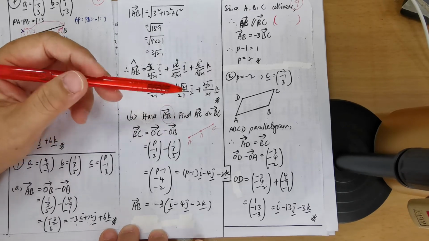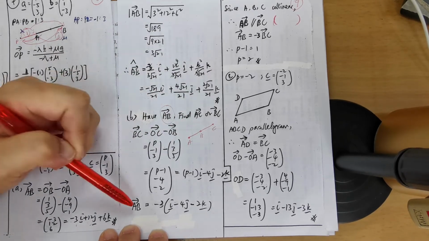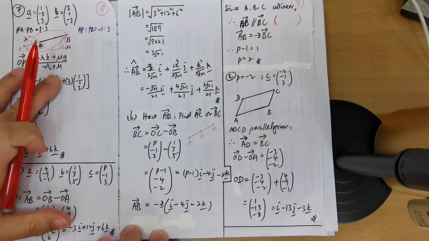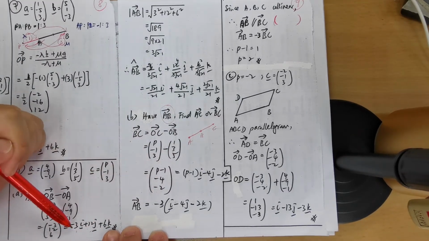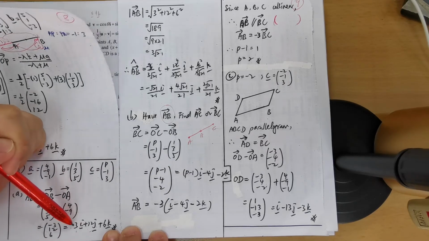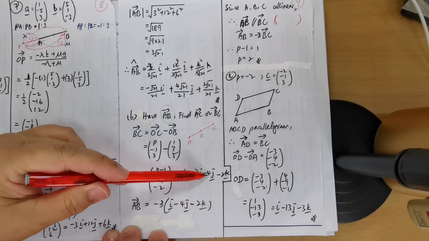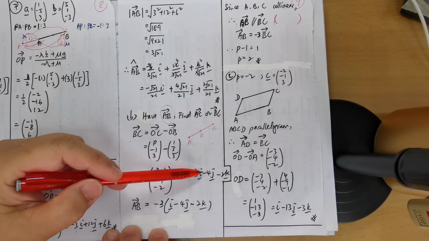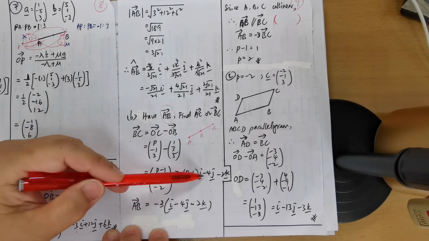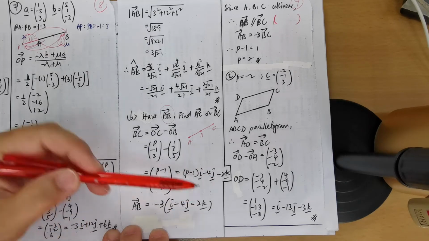So this is BC, this is AB. If you just look like this, they are not the same. But when I see the 3, 1, 4, 3, 2, I know I can factorize out. When I factorize out, now you see, they are the same: i minus 4j minus 2k.